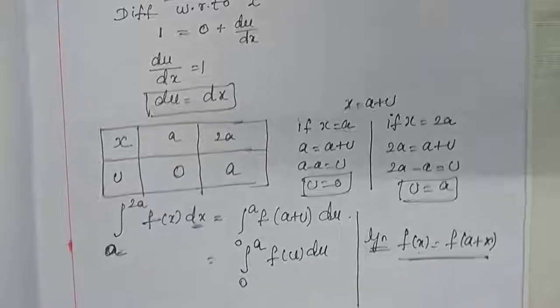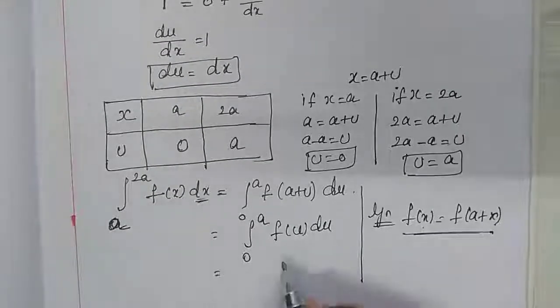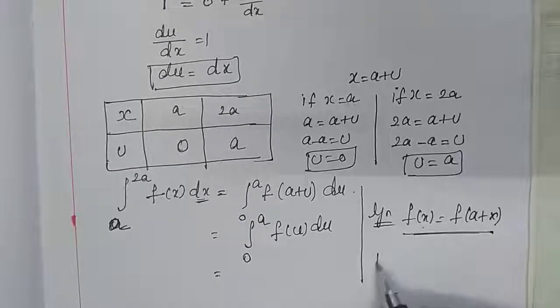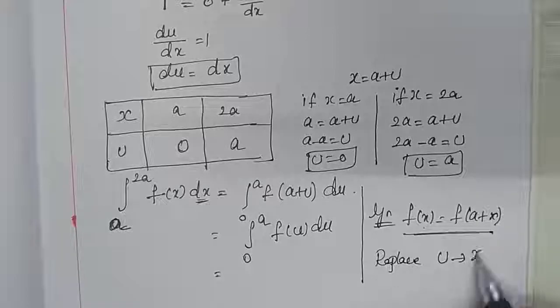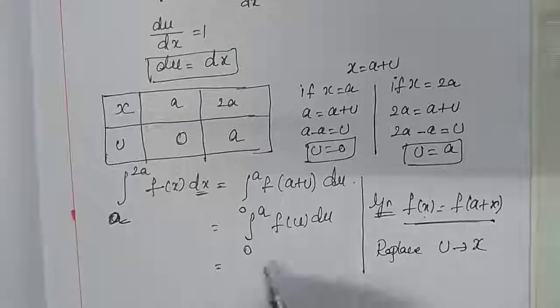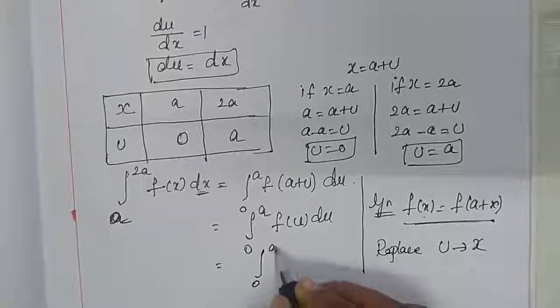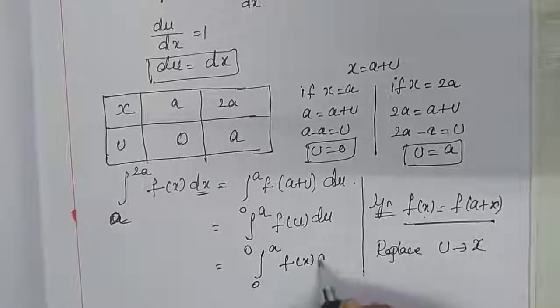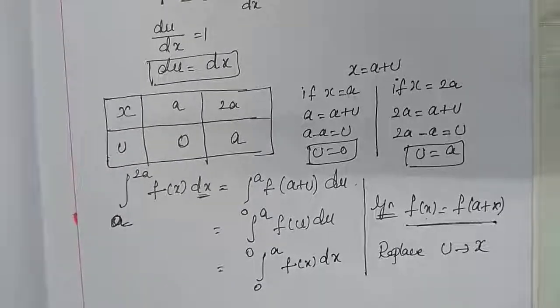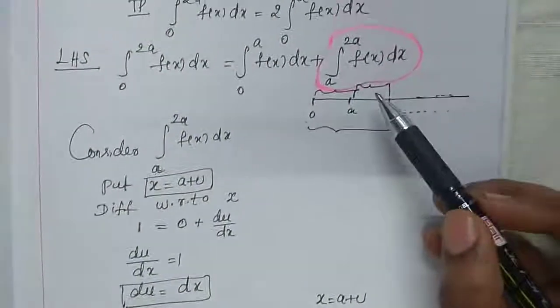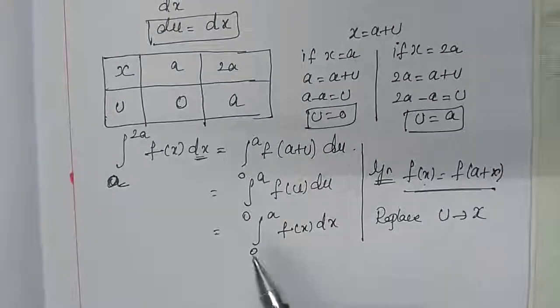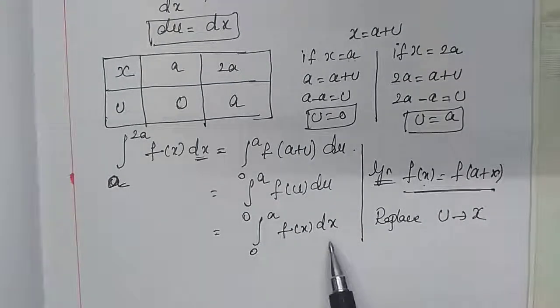In the next line, just replace u by x. We get the integral from 0 to a of f of x dx. Therefore the integral from a to 2a of f of x dx is equal to the integral from 0 to a of f of x dx.